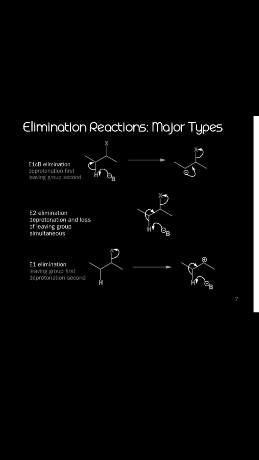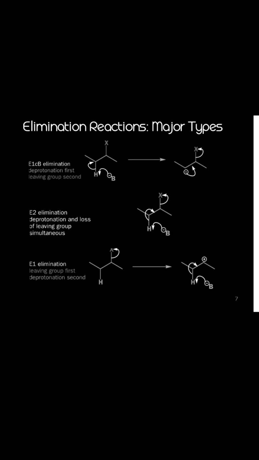Now, these are the major types of elimination reaction on the basis of deprotonation and the leaving group. If you look at the first step, in which deprotonation is first and the leaving group is second, this is called E1CB elimination. And what is E2 elimination? Look at the second step.